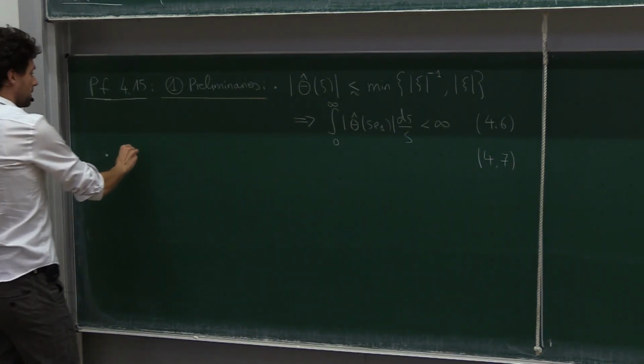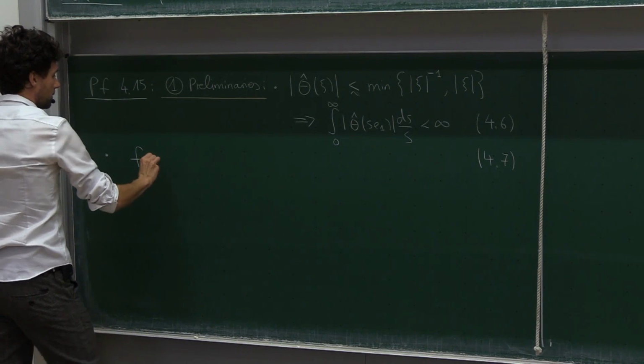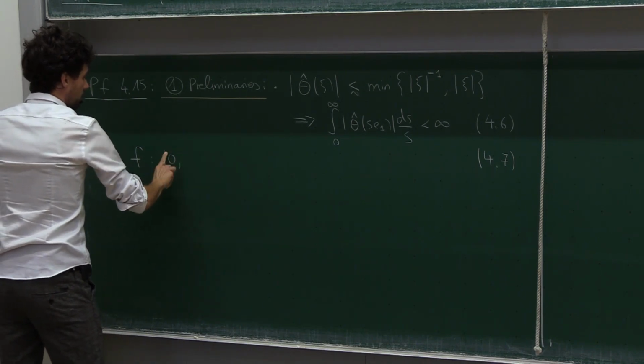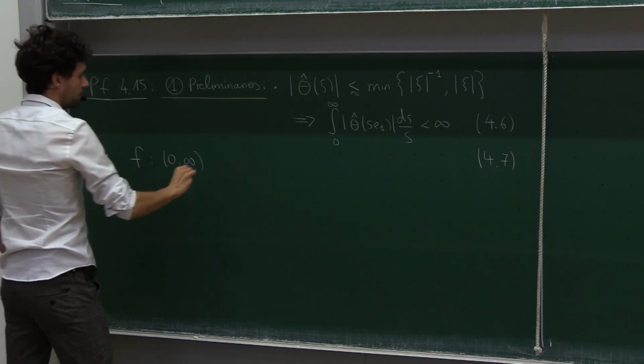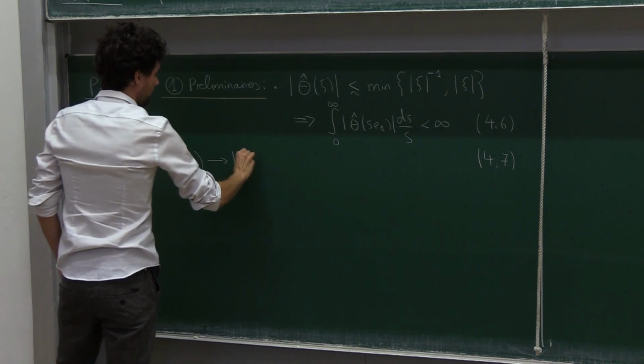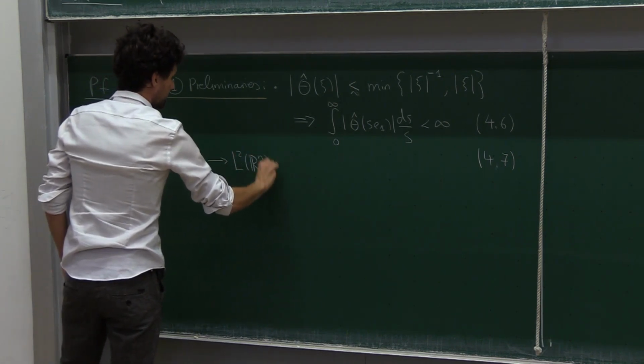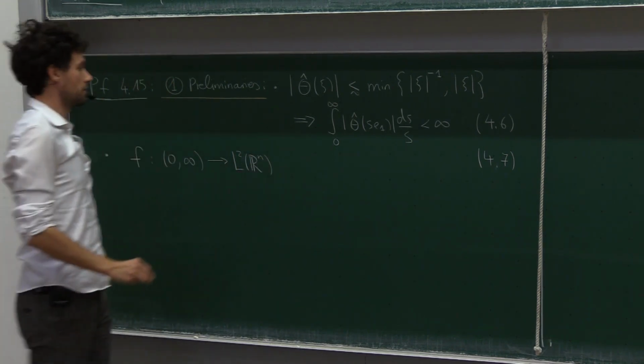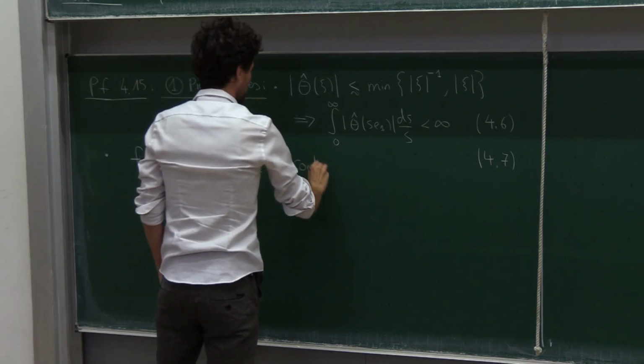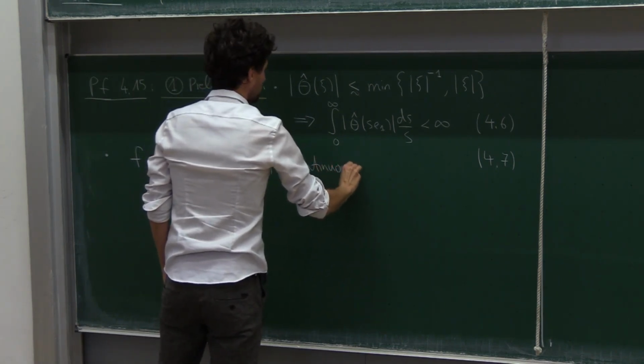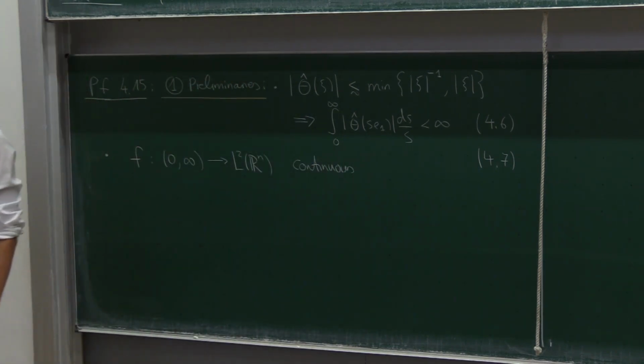So I'm claiming that the function f going from 0 to infinity to L2 of Rn is continuous. If this function is continuous, then this vector valued integral is defined.